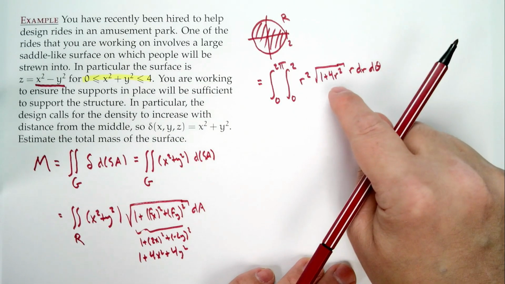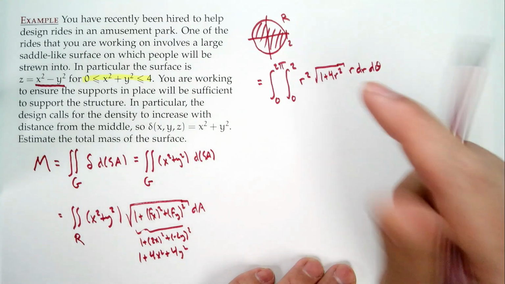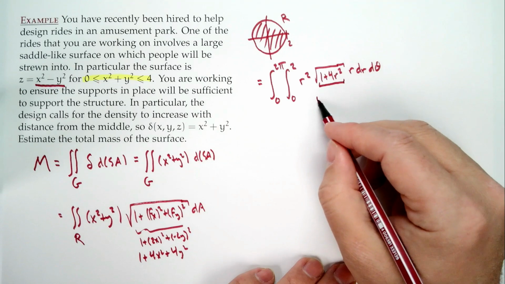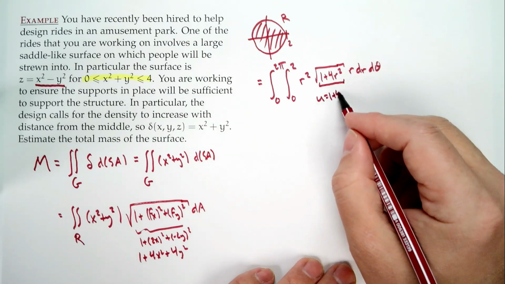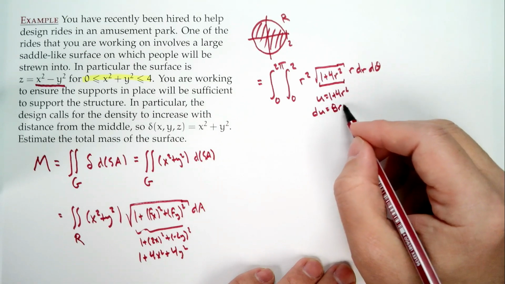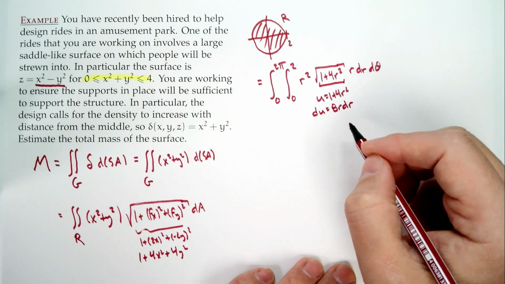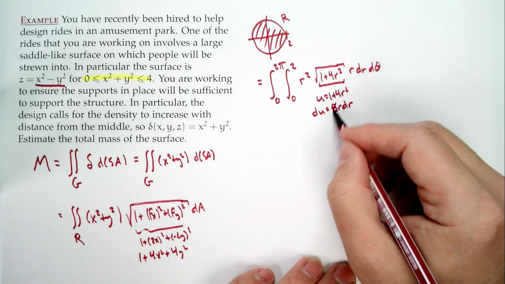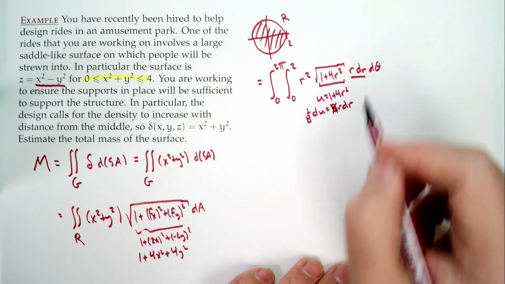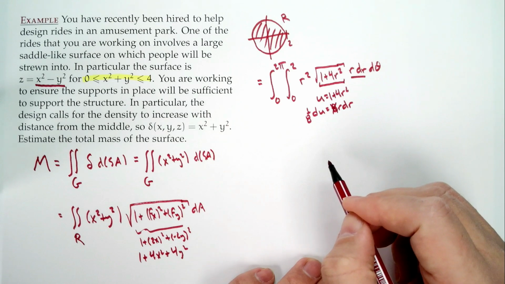Now this looks a little bit challenging, not so clear, but say, hey, suppose you let u equal the inside. U equals 1 plus 4r squared. Then du is 8r dr. So you can move the 8 across, put it here as 1/8, and notice you have an r dr, which is very convenient.